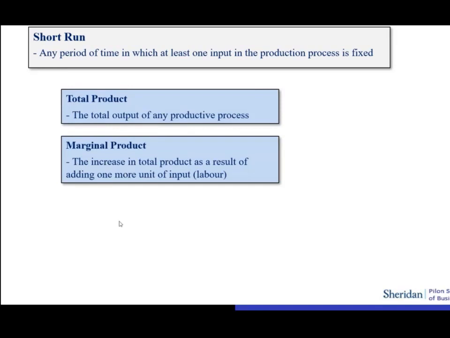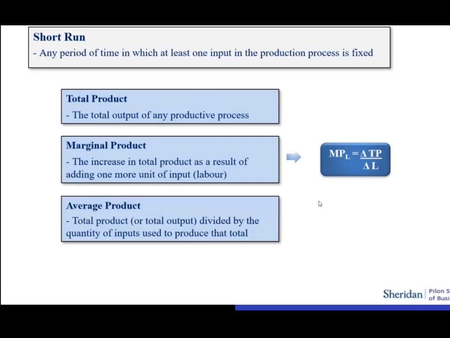Marginal product is that amount that you get from hiring an additional unit of labor, and that's going to be different depending on the number of workers you've already hired. The formula for that would just be the change in total product over the change in labor. So if you increased your labor by 1 unit and your production increased by 10, your marginal product for that unit of labor is equal to 10.